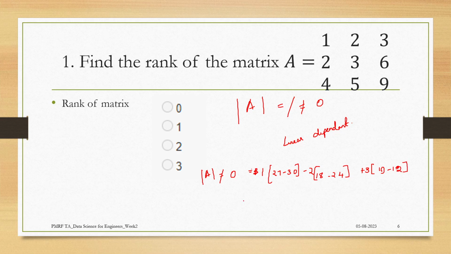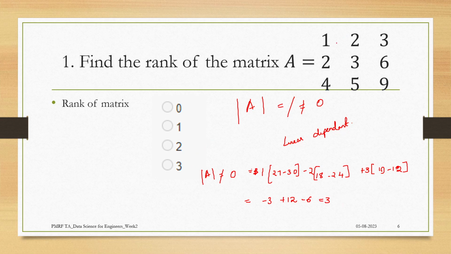Is it right? Can anyone say? I am getting it as 3. Yeah, someone has got 3. Anyway, the determinant is not equal to 0.